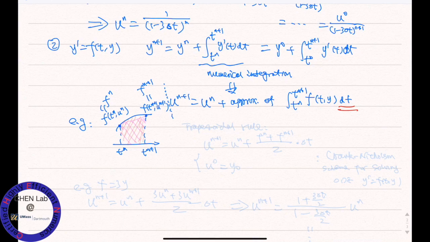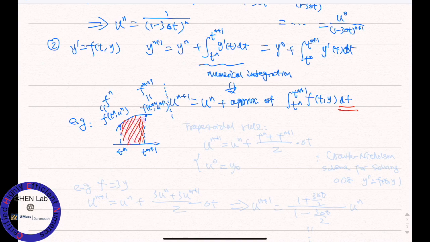You integrate the y prime, dt. So what we're doing is that we need to calculate this little area. You agree? If you can calculate the exact area, then you get the exact y. y_{n+1} is equal to y_n plus this area. But we cannot, so we're going to approximate it.